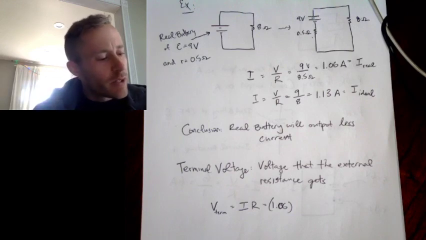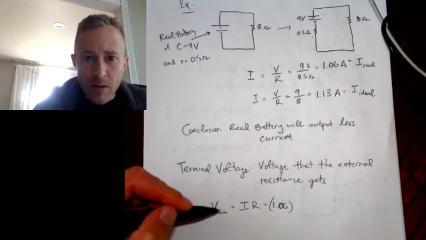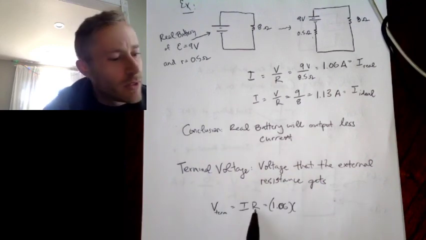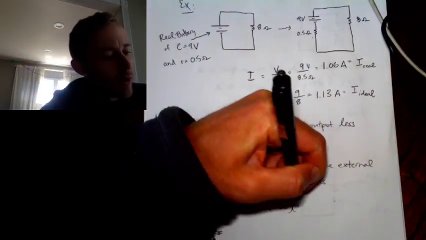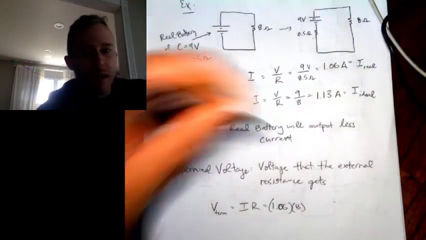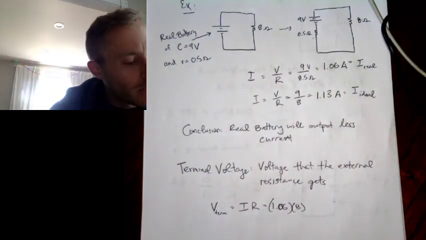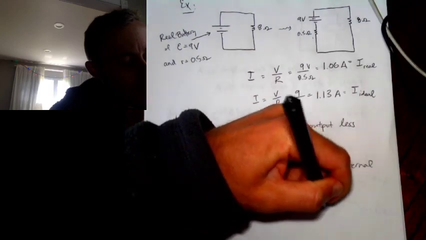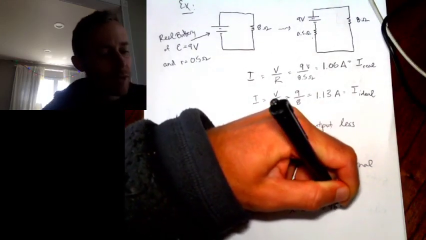So I would get that the resistance is 8 ohms, because I'm talking about the external resistance here. And that gives 8.48 volts as the terminal voltage.